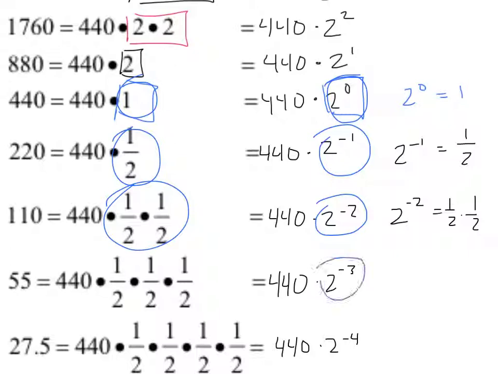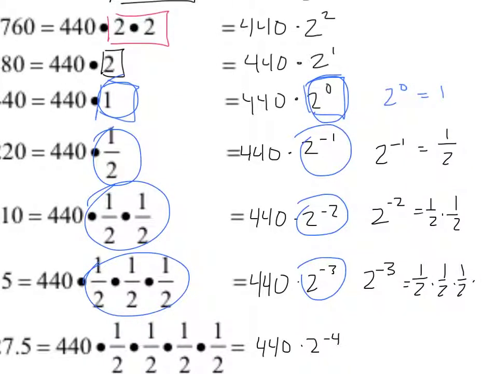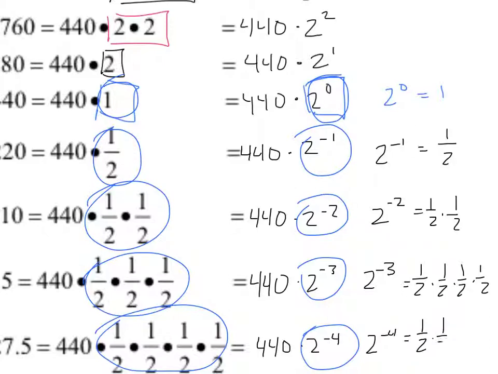That means 2 to the negative 3 is equal to 1/2 times 1/2 times 1/2. And that also means that 2 to the negative 4 must be equal to 1/2 times 1/2 times 1/2 times 1/2.